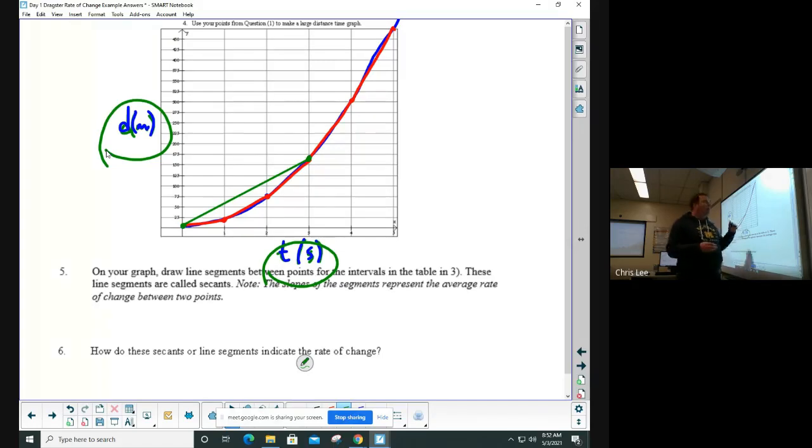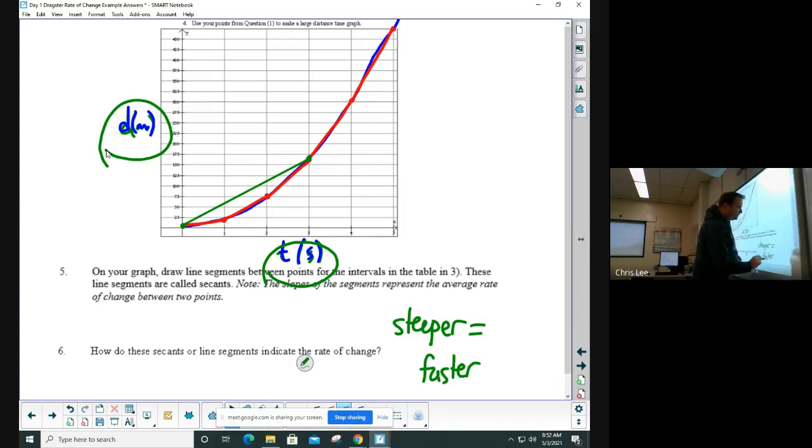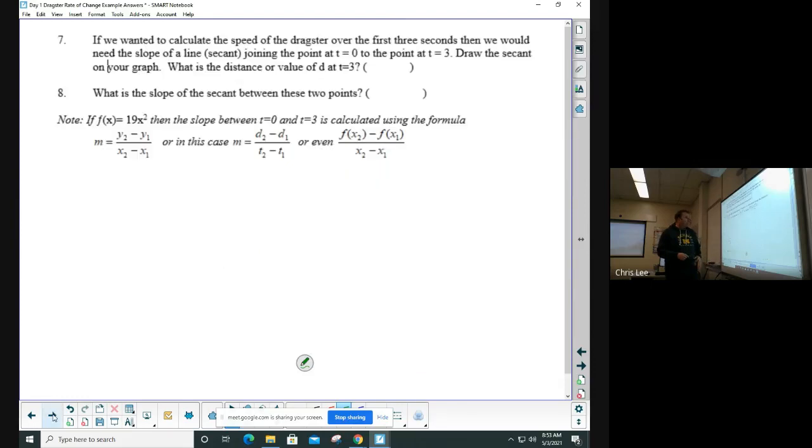Not just where the function is, but how fast the function is changing. It asks, how do these secants or line segments indicate the rate of change? So the steeper the graph is, the faster things are going. And I think that was one of the questions you had to answer.